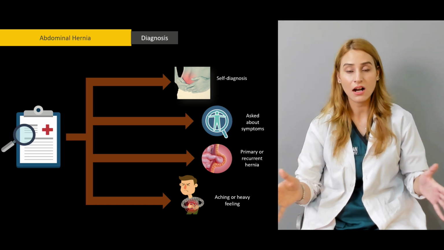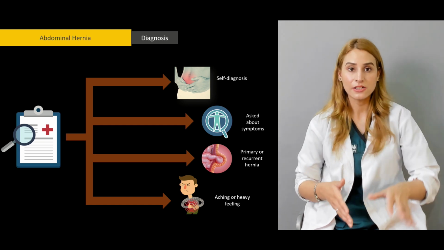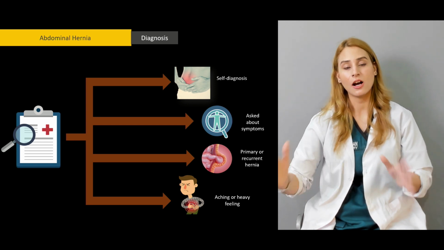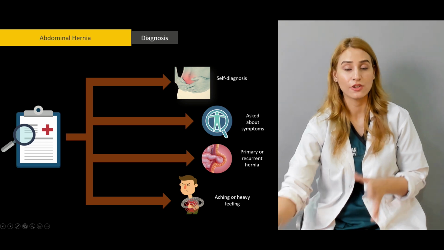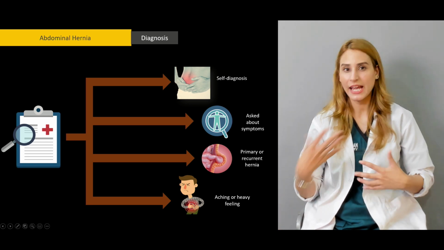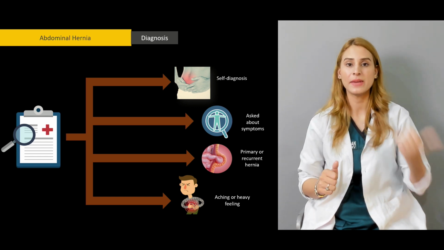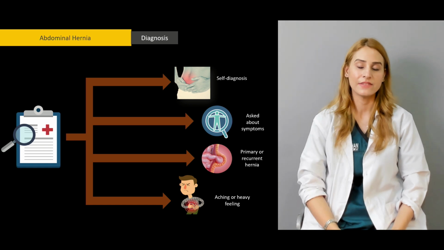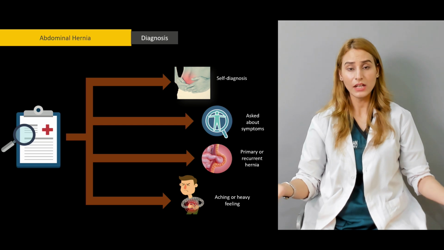They do not cause any pain unless they're obstructed, incarcerated, or strangulated, right? So in case of strangulated, obstructed, incarcerated hernias, usually the patient complains of pain, and the pain is like aching or heavy feeling. So you'll make the diagnosis on history, examination, and then obviously the investigations as well. Usually the hernia is a clinical diagnosis.